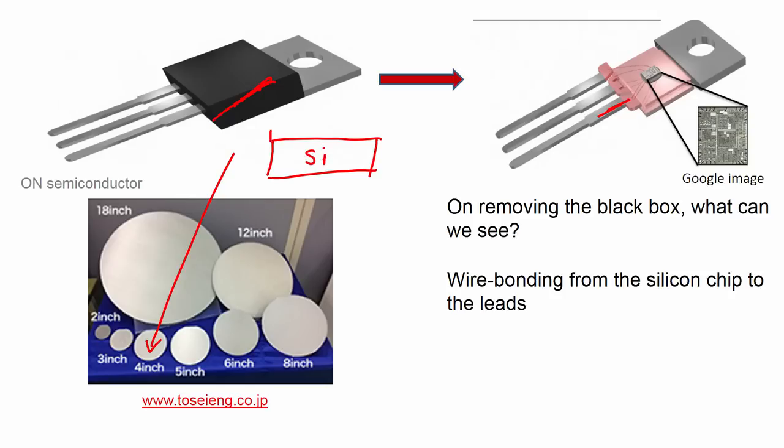If I grow silicon dioxide on this wafer, then how will this 4-inch wafer look? That is the point.